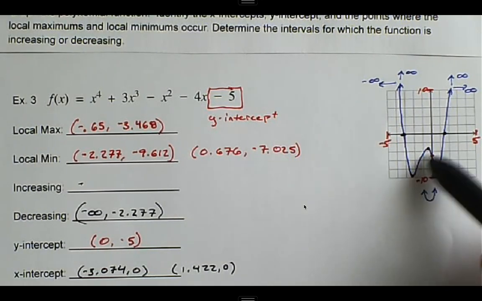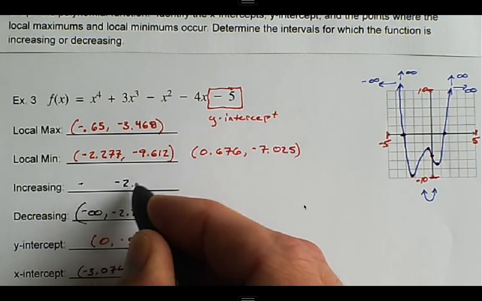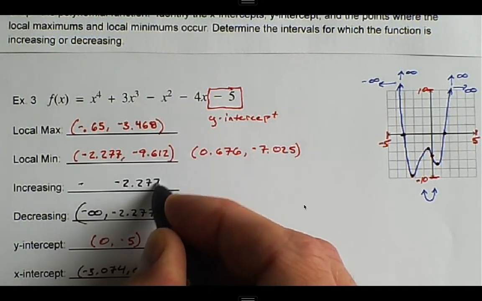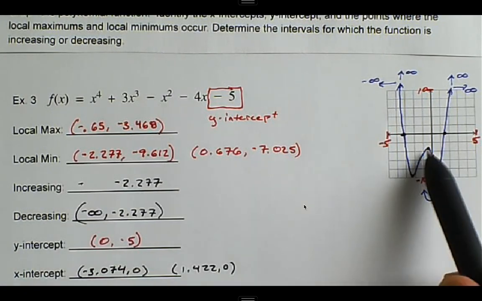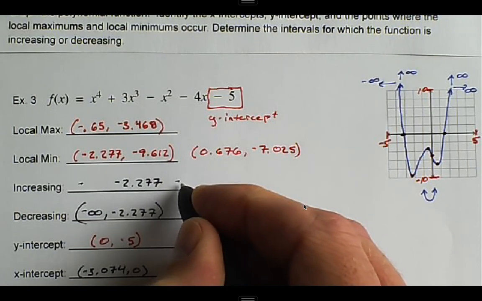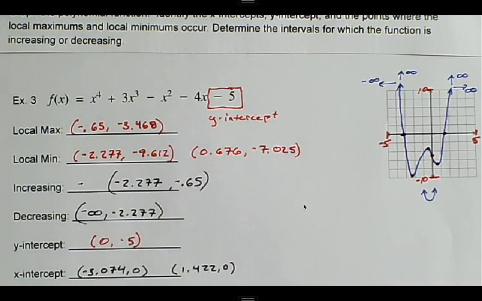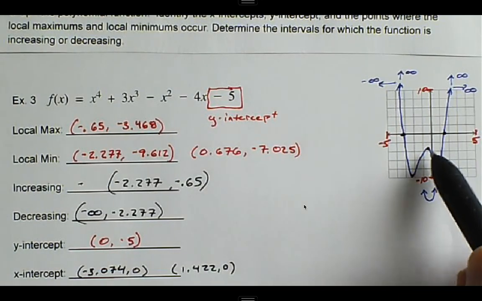Then we increase. We are going to start at negative 2.277, and we are going to increase all the way till we get to our local max, the x value of which is negative 0.65. And then we're going to decrease again.